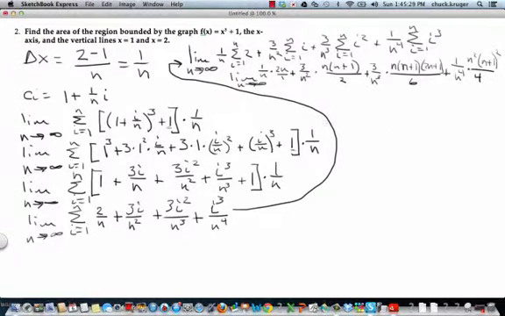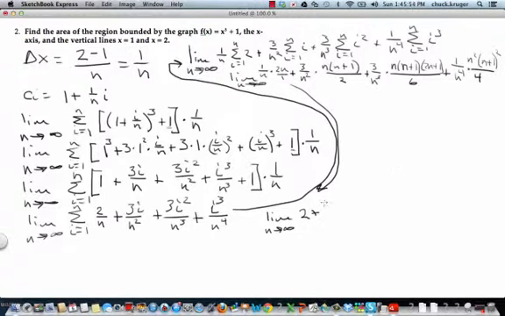Alrighty. So let me, hopefully this simplifies even more because I'm getting less and less room all the time. In fact, I think I might just skip and go down here. So I have the limit as n goes to infinity. This will be 2, plus, now what do I have simplifying here?